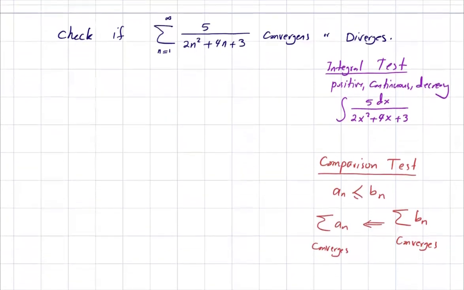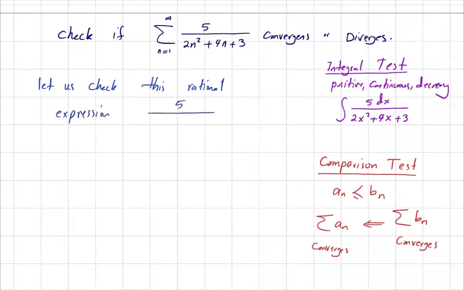Okay, let us take a look at this rational expression. It is 5 divided by 2n squared plus 4n plus 3. Can I find something on the right-hand side, a fraction that has something on the numerator, something simple on the denominator, and I already know how to deal with that series?